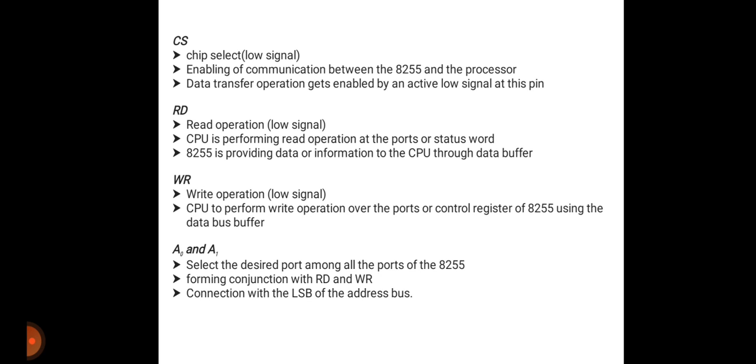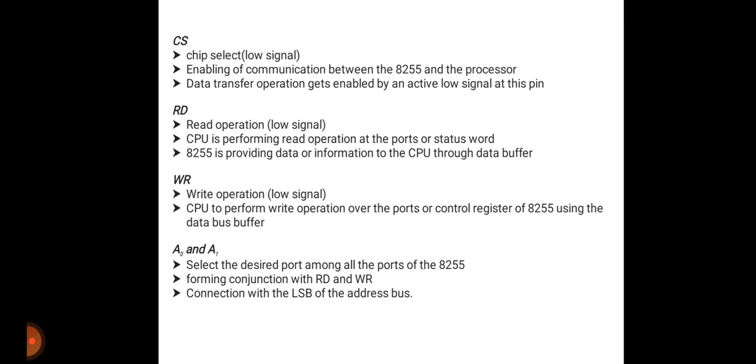These are basically used to select the desired port among all the ports of the 8255, and they work in conjunction with RD and WR. They form the connection with the LSB of the address bus.